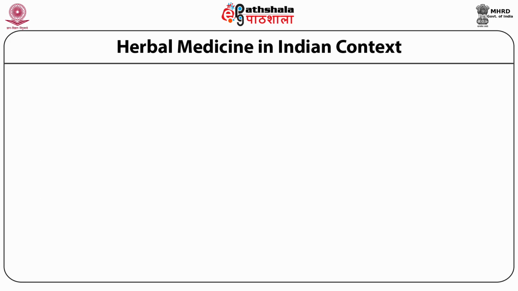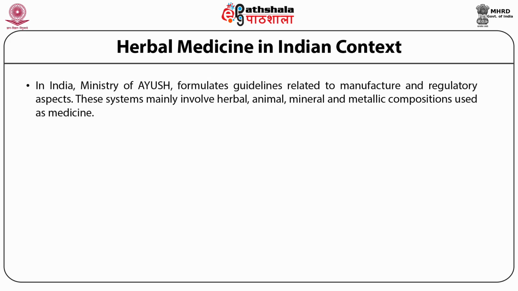After discussing the regulatory status of herbal medicines globally, let me also give you an idea about the status of herbal medicine in the Indian context. In India, we have the Ministry of Ayush. Ayush stands for Ayurveda, Unani, Yoga, Siddha and Homeopathy. So this is an umbrella organization under which all these traditional Indian systems of medicine are regulated.